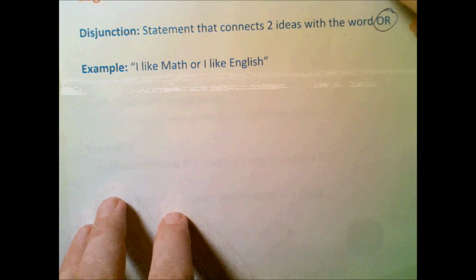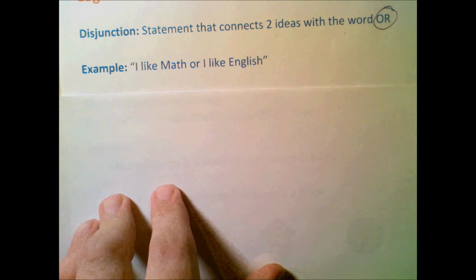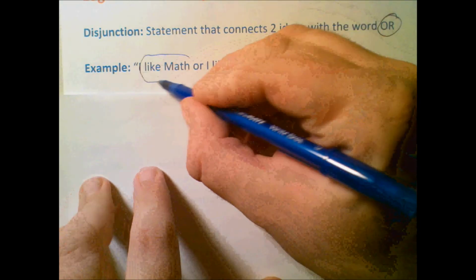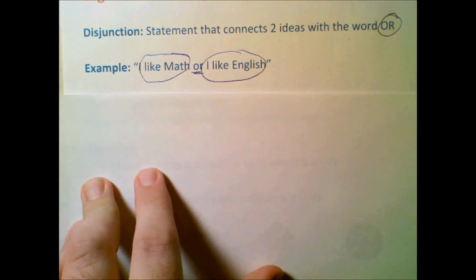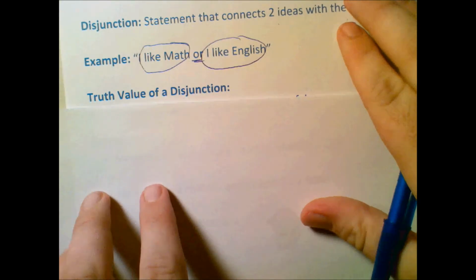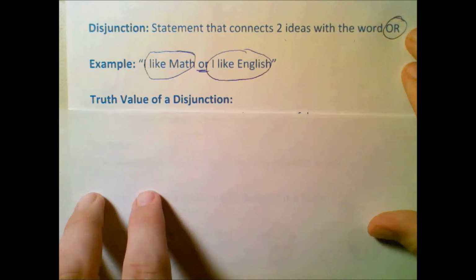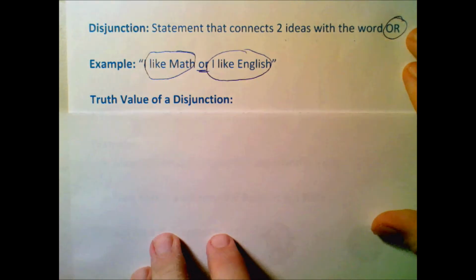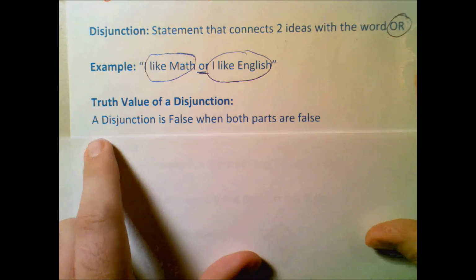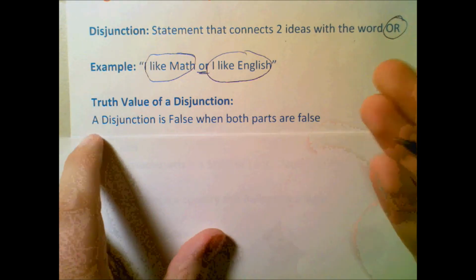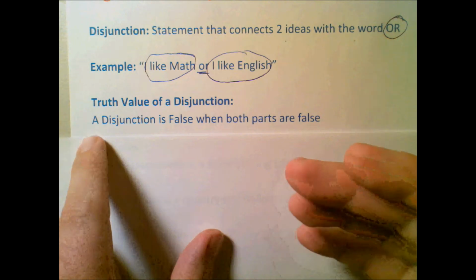Now, first example, I like math or I like English. We have two statements and they're connected by the word or. Now, the truth value of a disjunction, this one gets a little bit different. The truth value of a disjunction is that only one part has to be true in order for the whole thing to be true, which makes sense because for an or statement, we're saying one or the other.